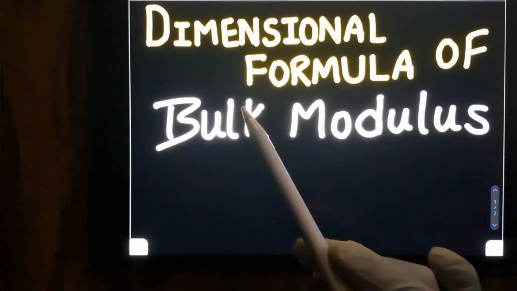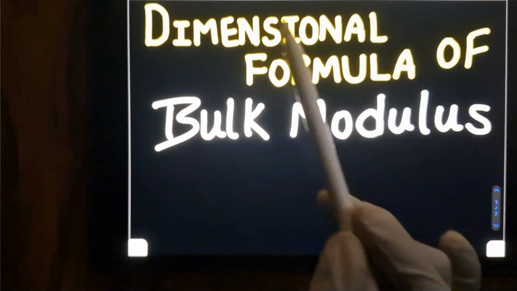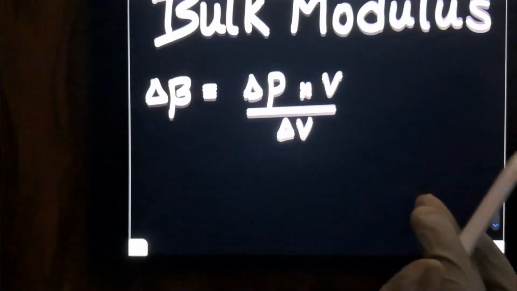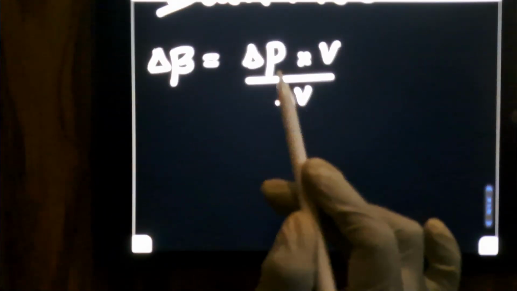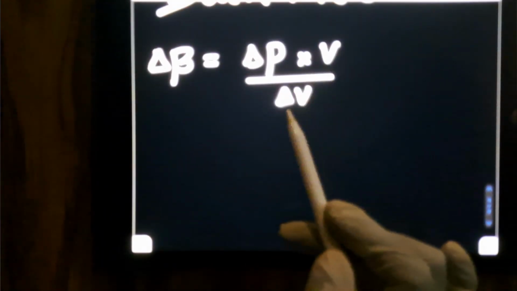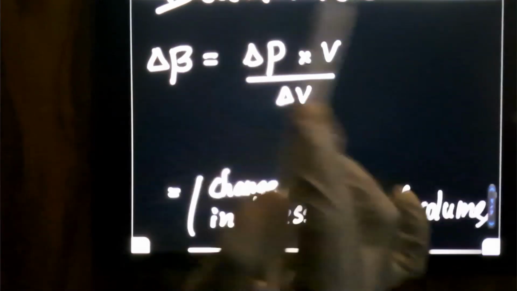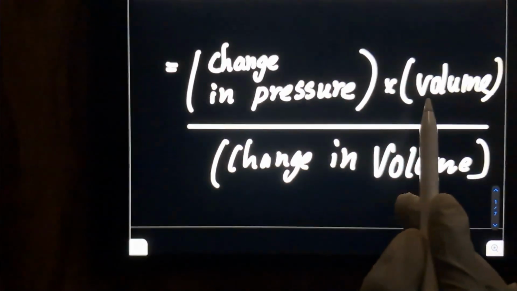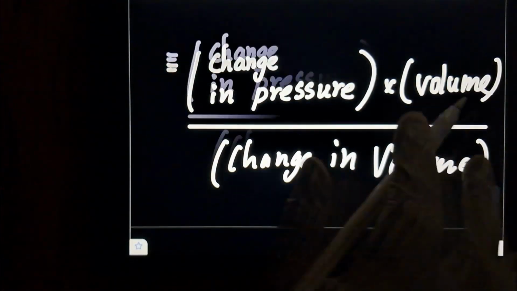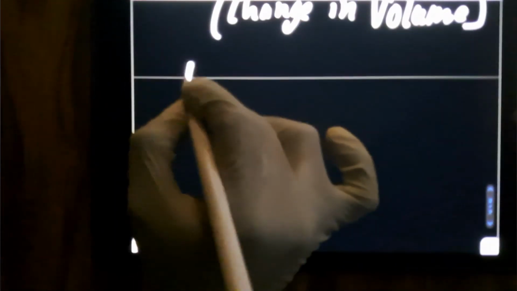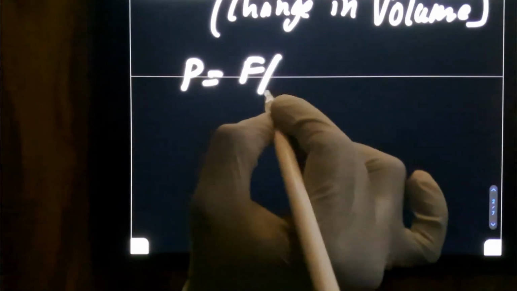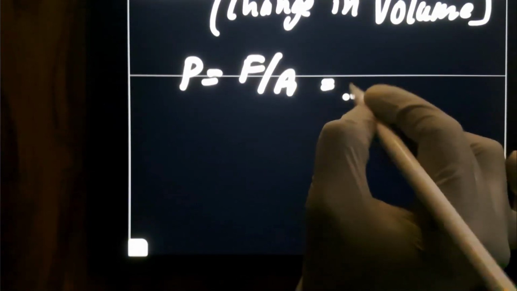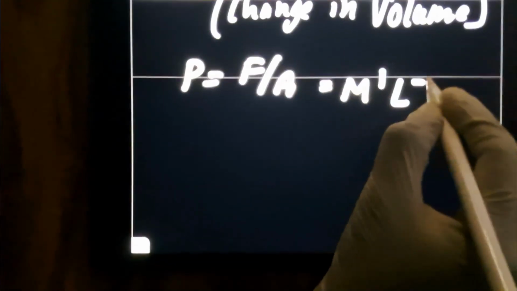To find the dimensional formula of bulk modulus. Here, the bulk modulus formula is change in pressure into volume by change in volume, delta P into V by delta V. Here, we have to know the dimensional formula of the pressure first. The pressure is equal to force by area. The formula will be M^1 L^-1 T^-2.